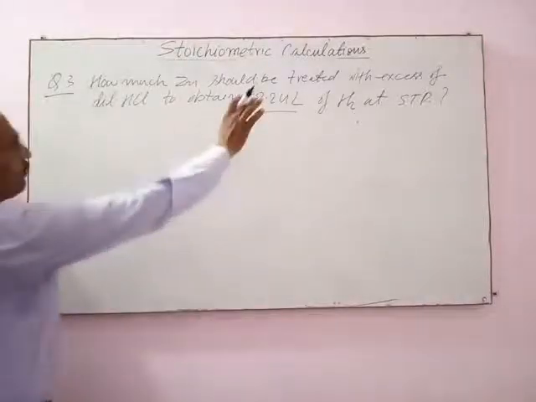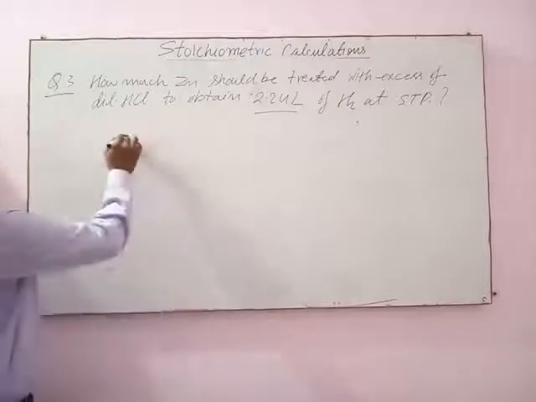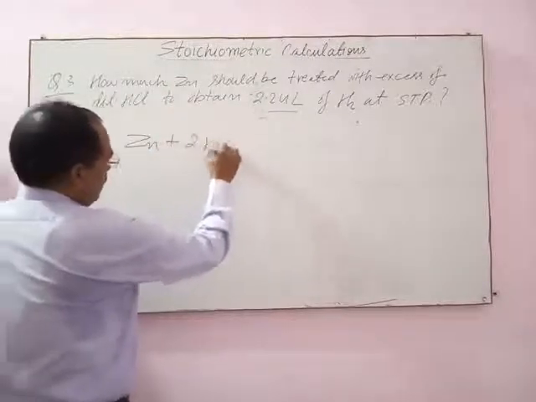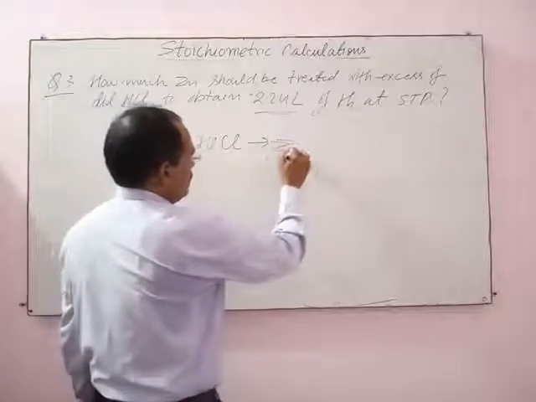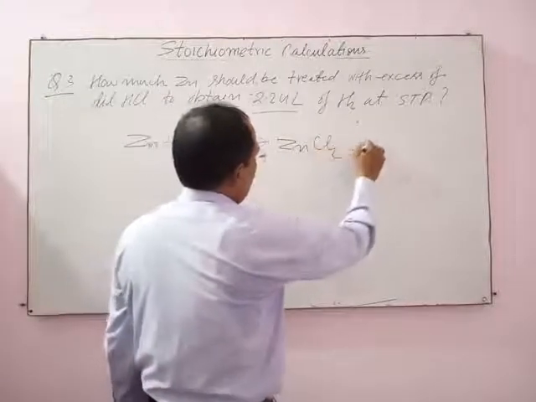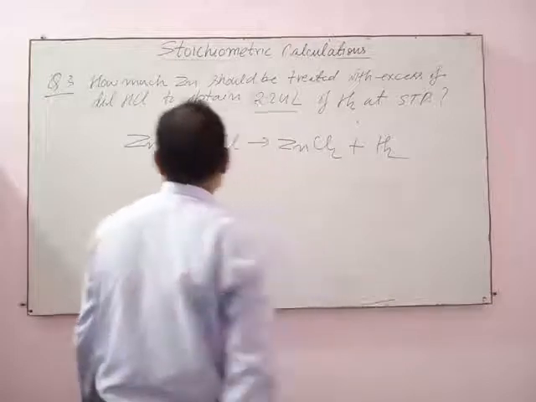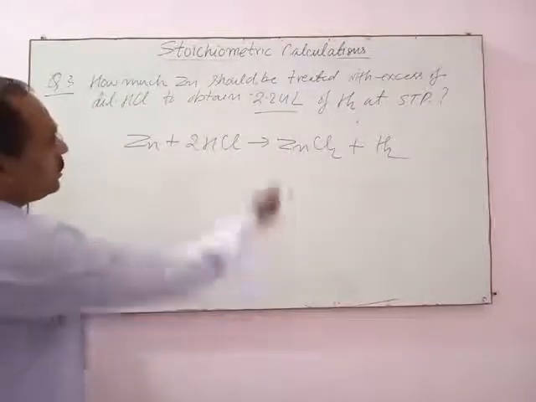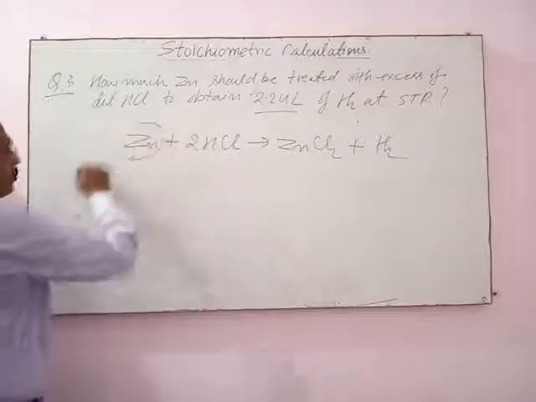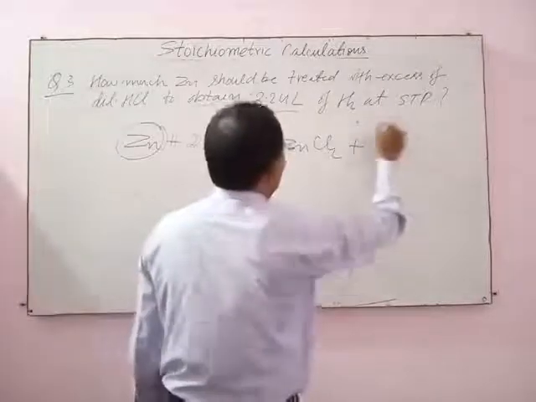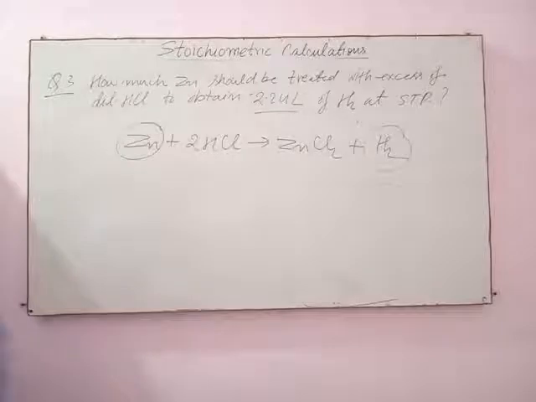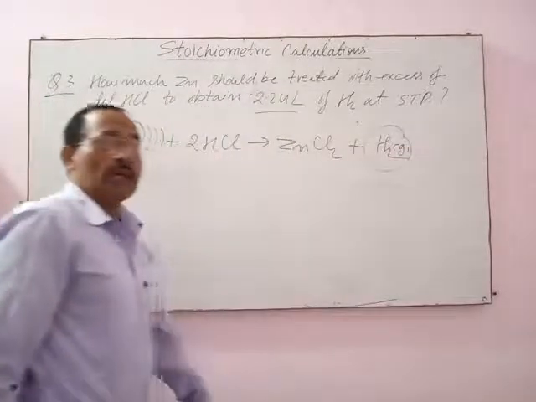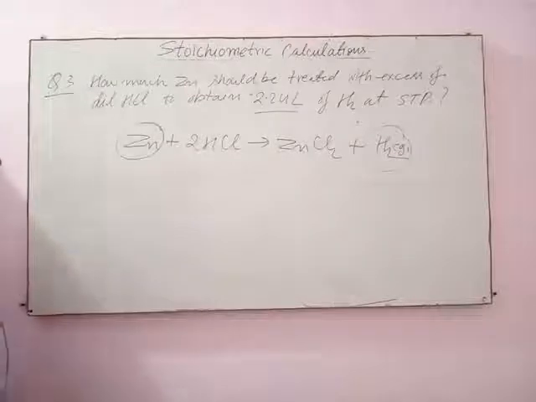So first of all, write the balanced chemical equation. Zn plus 2HCl gives ZnCl2 plus H2. This is the balanced chemical equation, and this calculation is related to zinc and hydrogen at STP. Hydrogen is a gas, so its volume can be calculated at STP.